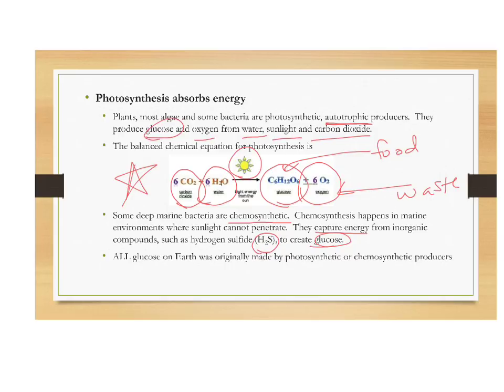The basis of all life on Earth are these organisms. Producers produce the glucose that we need, that every other trophic level on Earth needs in order to function. No producers, no life. If plants or photosynthetic or chemosynthetic organisms were to perish, the food chain would collapse and there would be no life on Earth.